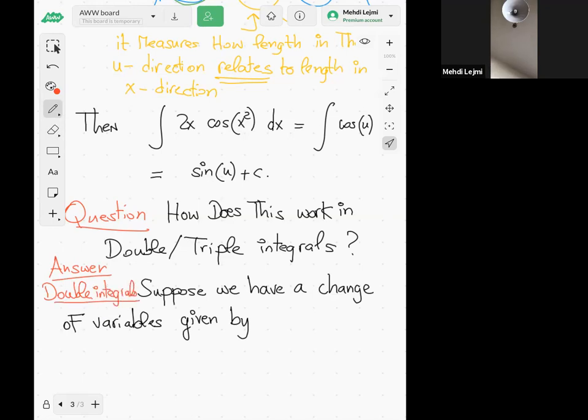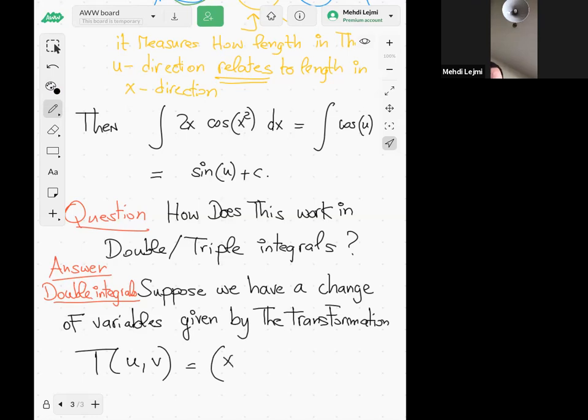Okay, double integrals. So suppose we have a change of variables given by the transformation, let's say T of u, v. We are in dimension 2, so we have two variables. The first component is going to be some function of u and v, so let's call this function x of u and v.